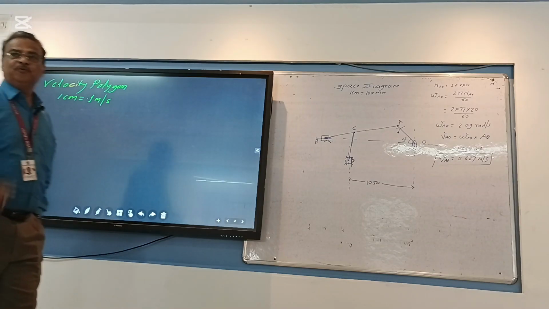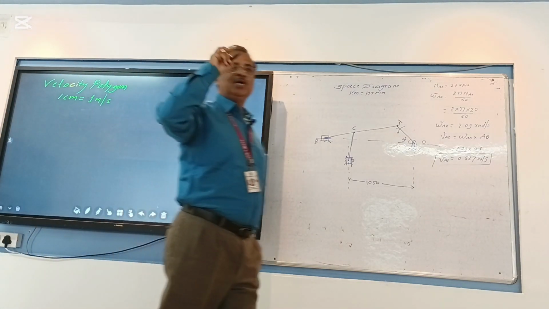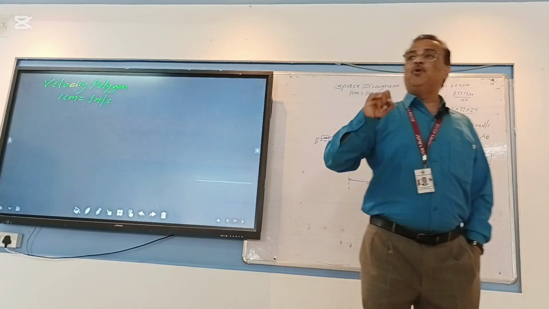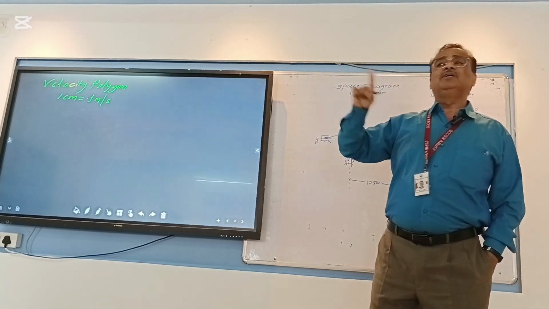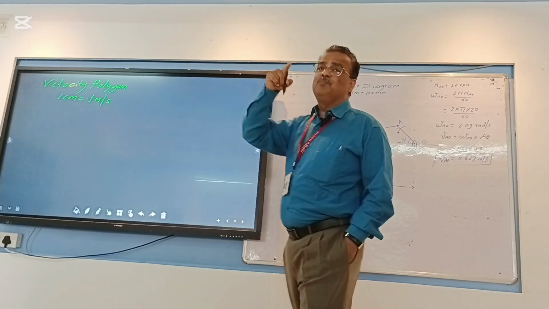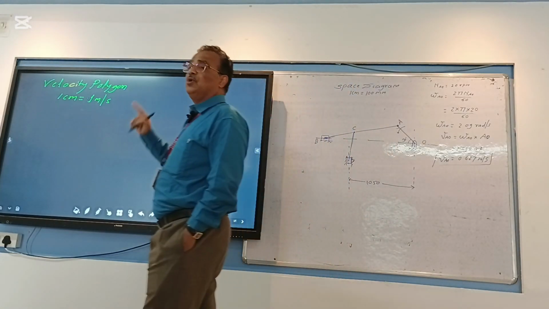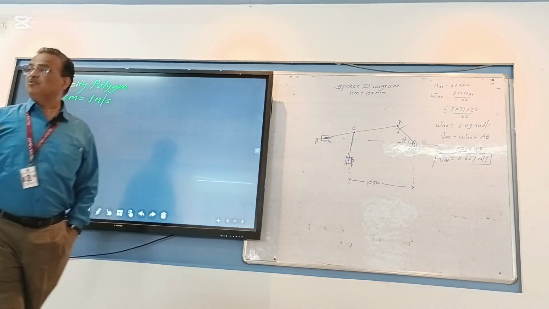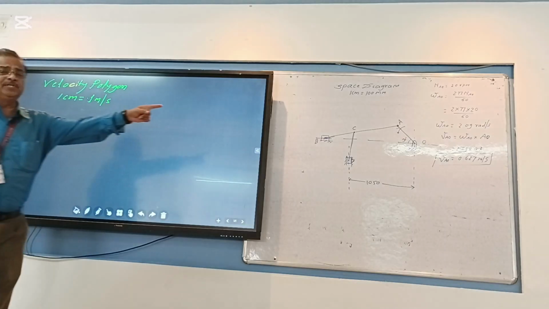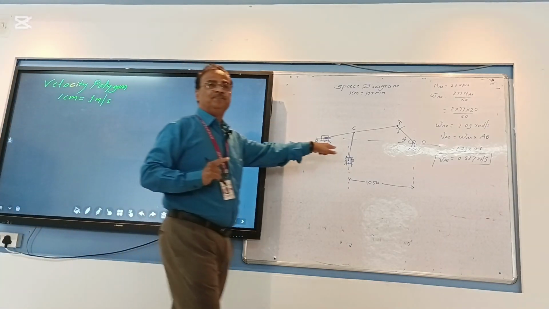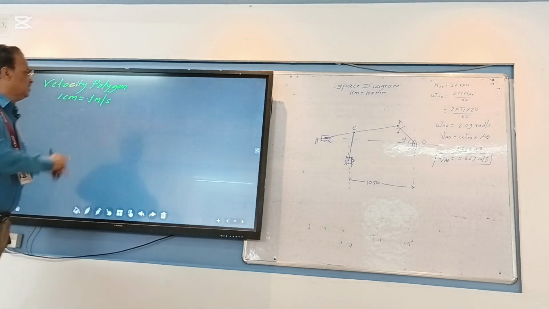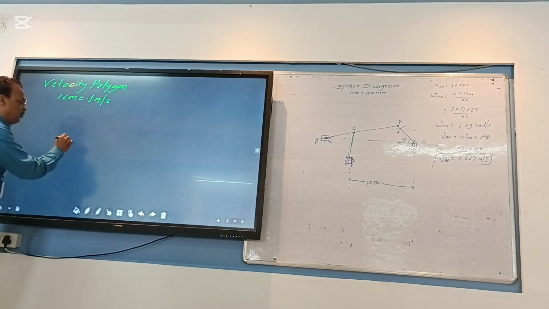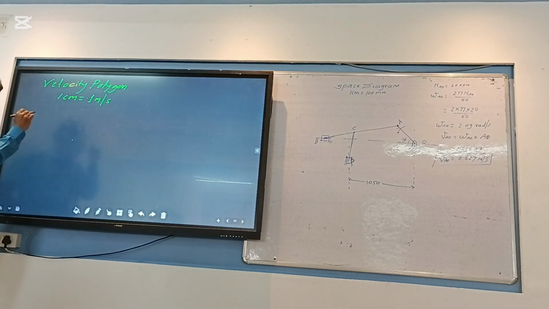First step to draw the velocity diagram is you have to locate what? Fixed point. How you are locating the fixed point there? Fixed point you are locating by the single point, and that single point you are calling as a pole. What are the fixed points in your space diagram? O is the fixed point. So in this space, you have to locate your pole.